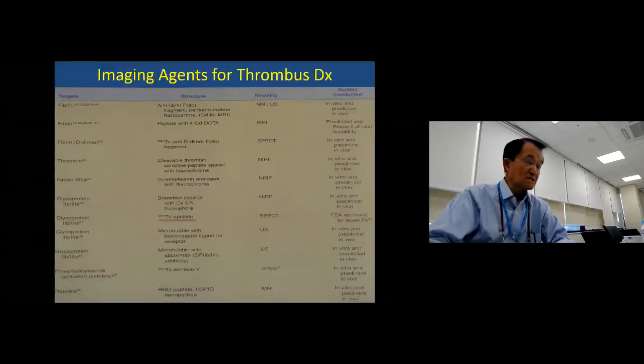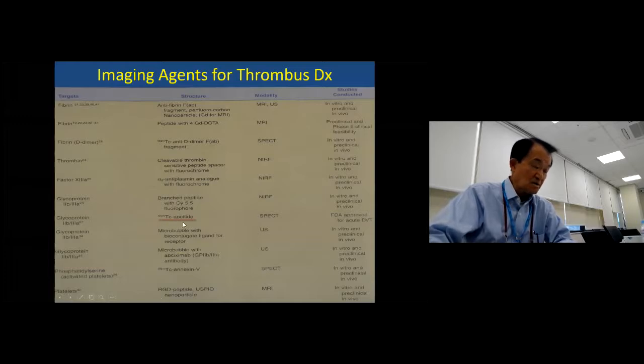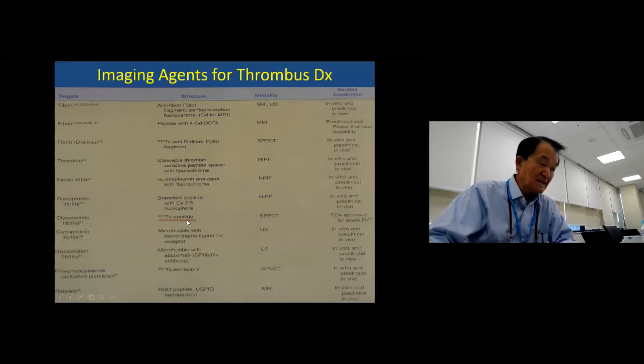Then we have had lots of imaging agents in the past, particularly anti-D-dimer labeled with technetium, and a peptide called apcitide. This is an anti-platelet agent labeled with technetium.